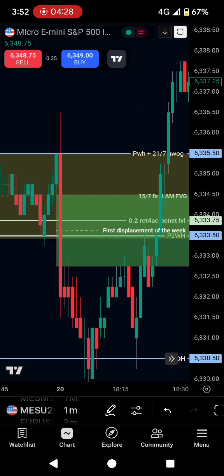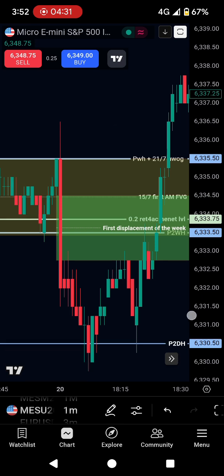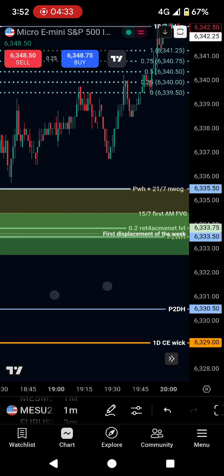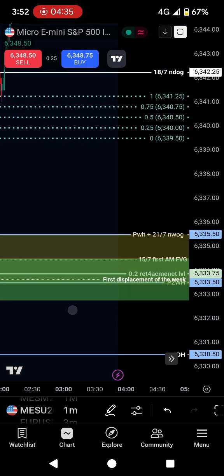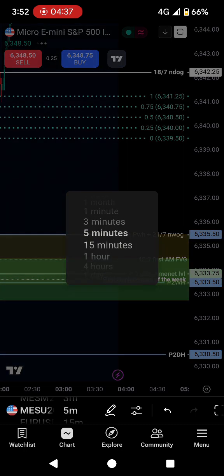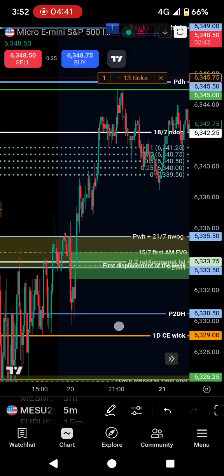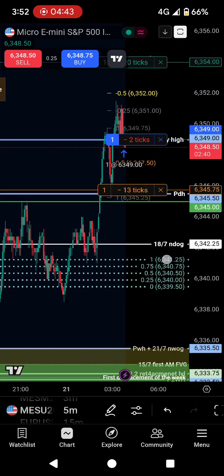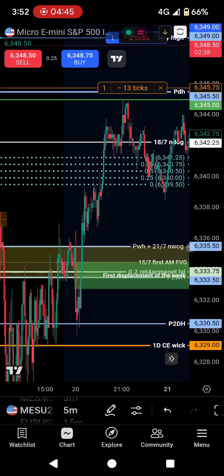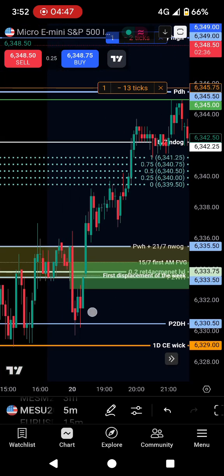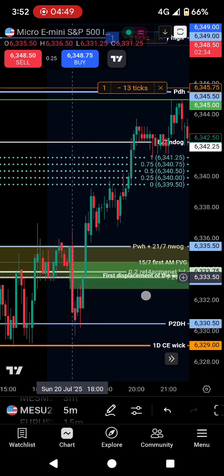And we'll see, did we draw back down to it? Okay, so when you see I draw this fair value gap here, we basically just be going higher. So this is the first displacement of the week on the 15-minute chart.